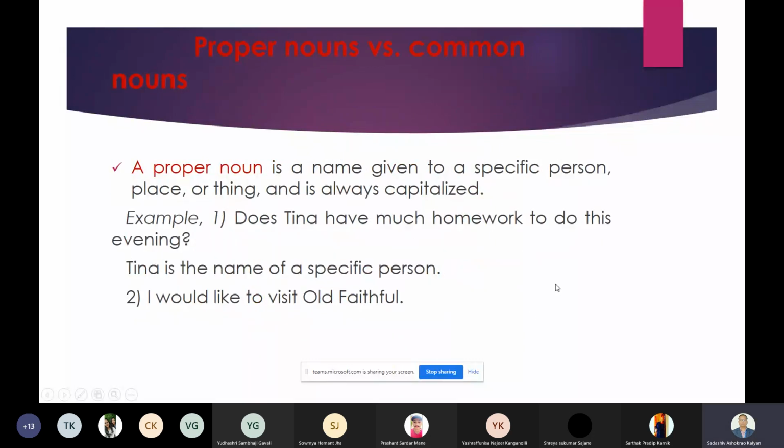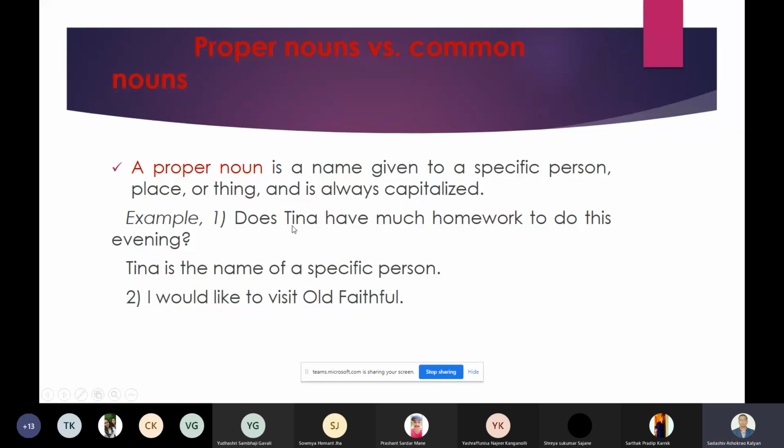As I said earlier, there is also a difference between the proper noun and the common noun. A proper noun speaks about a specific person or specific place, like the Jahangir Art Gallery. It is about a specific place, a specific person, Bill Gates. Whenever we are writing a proper noun, we want to keep in mind that we always write the proper noun with capital letters. It should always be capitalized.